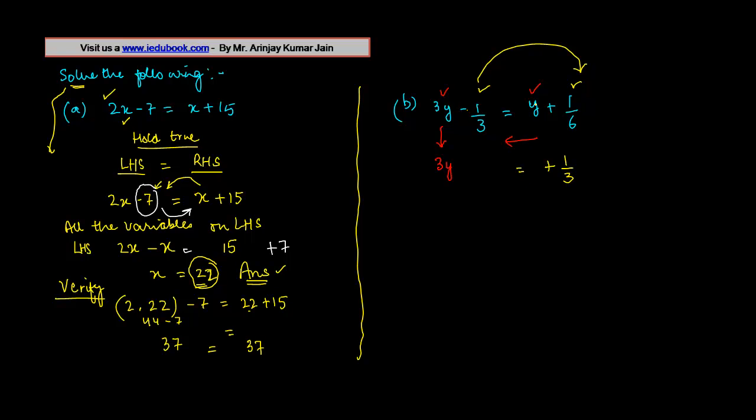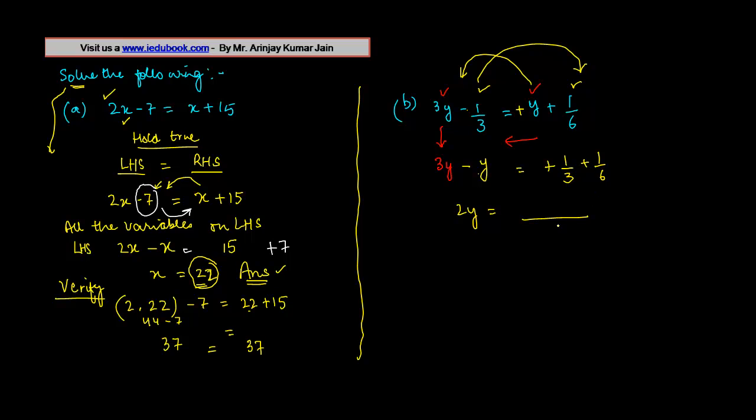This y you will move to the left hand side of the equation. Here the sign is plus; as I told you, as you move it to the other side, the sign becomes minus. Plus 1 upon 6. 3y minus y gives you 2y, is equal to 1 upon 3 plus 1 upon 6.